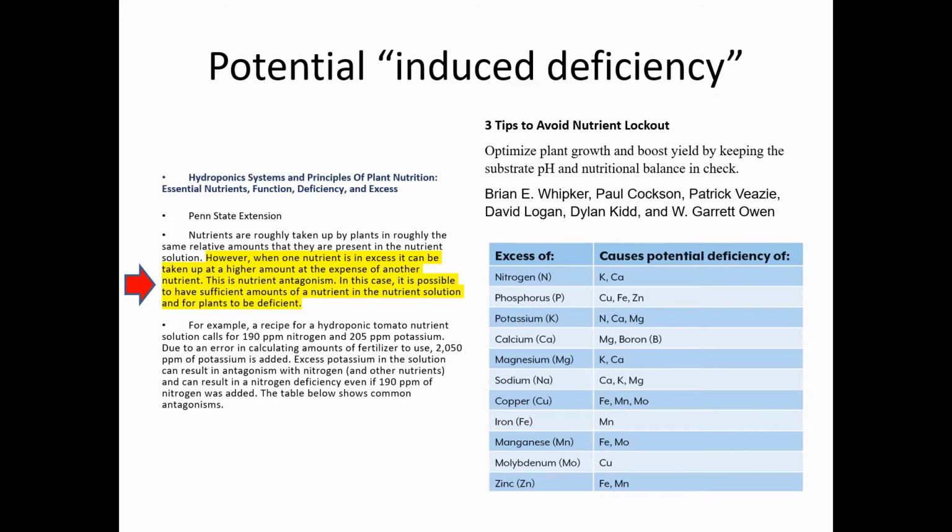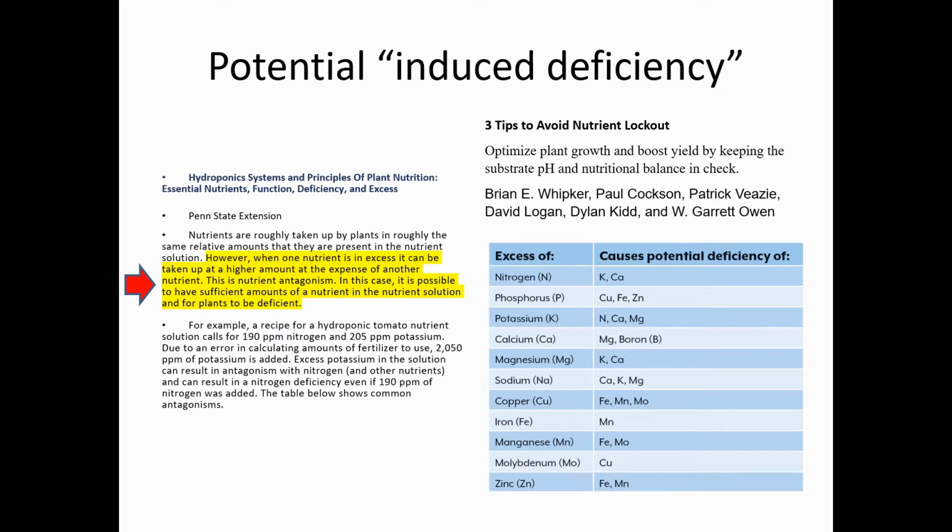Excess nitrogen can potentially cause a deficiency of potassium and calcium, even though the potassium and calcium levels are proper within the nutrient solution. Calcium being in excess can cause deficiencies of magnesium and boron.